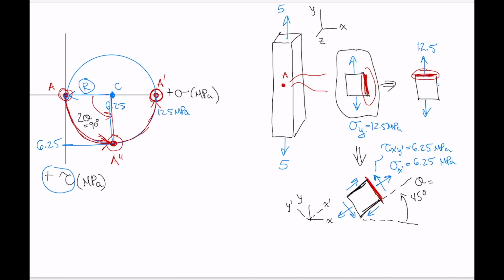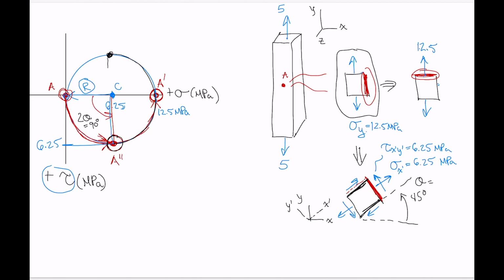And you get the normal stress on those other two sides by imagining that you're going to rotate this element a further 90 degrees, so that red side moves up to there. From where we currently are on Mohr's circle, that's equivalent to taking our point from A double prime and moving it 180 degrees around the circle to the top here.